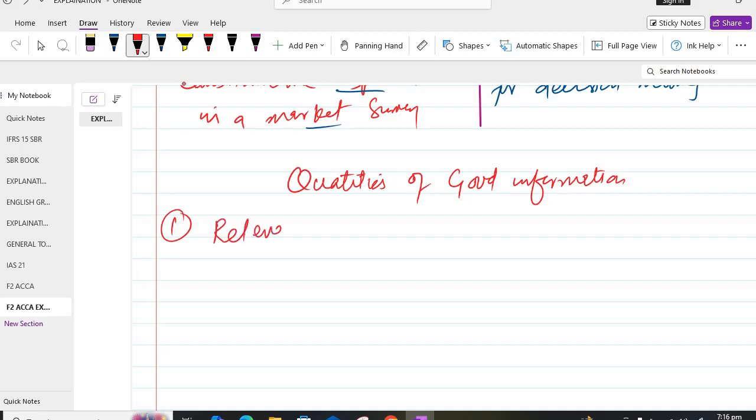We call it relevance. The information must align with the user's purpose.